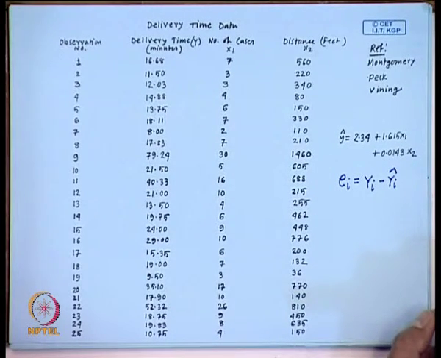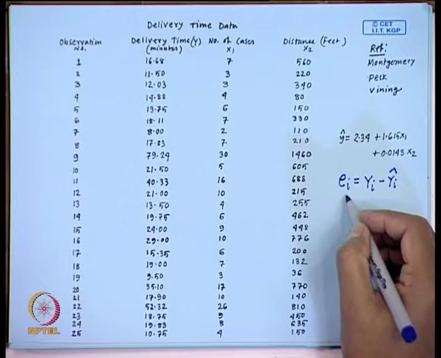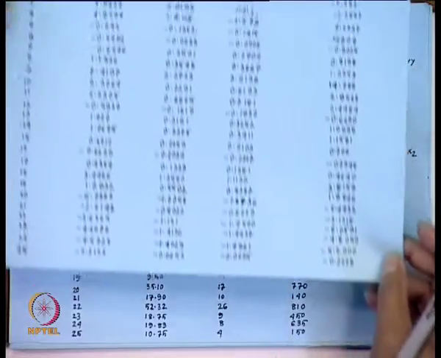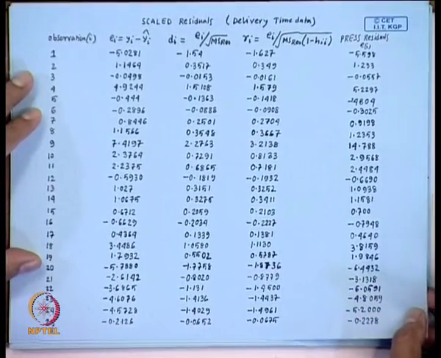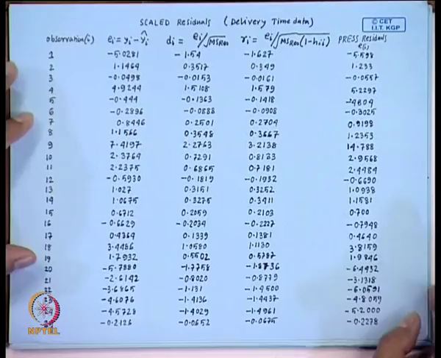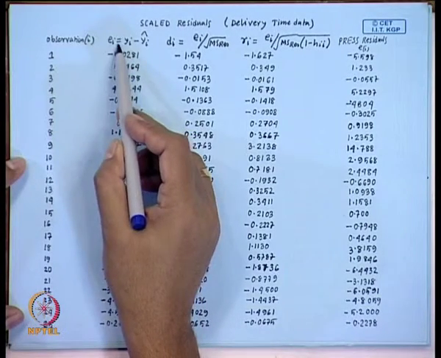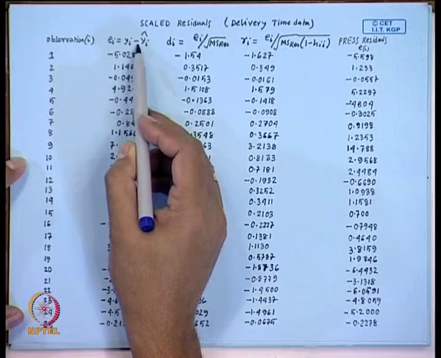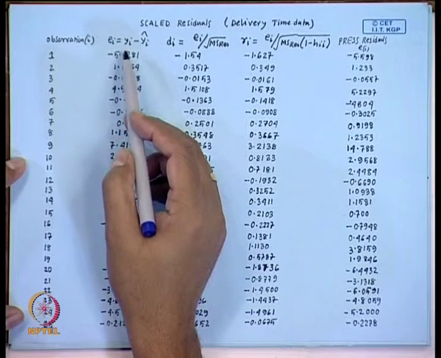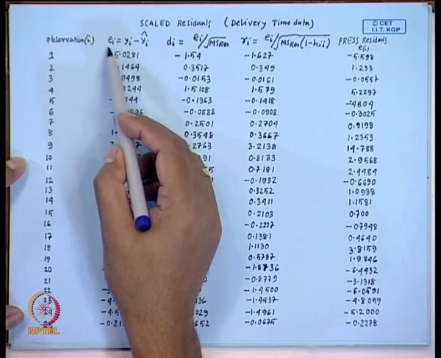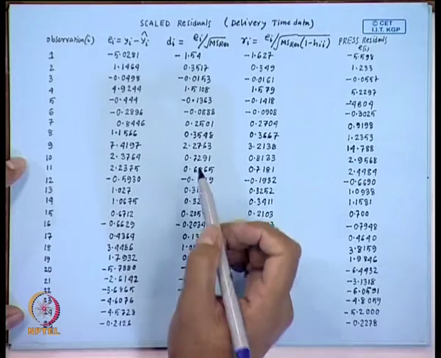Okay. So, I have the table for these residuals. Here is the table. The first column is the number of observations, the second column is e_i, equal to y_i minus y_i hat, so the second column gives the regular residual e_i.